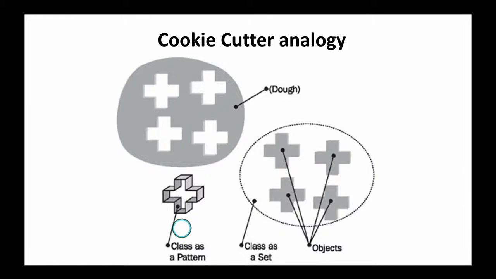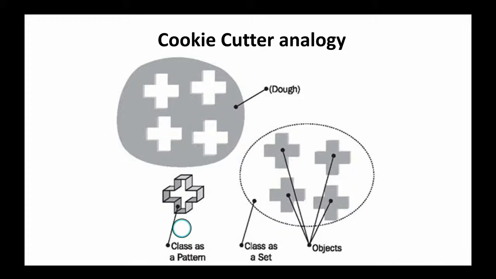Another way of looking at it, I'm sure all of you as kids helped your mum to make cookies or biscuits. Now how do you make cookies? You first have to create the dough by using some flour, eggs, milk. Once you've created the dough, you then need a cookie cutter to cut out.